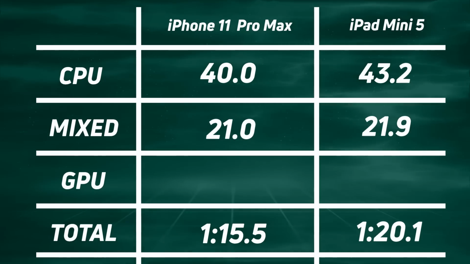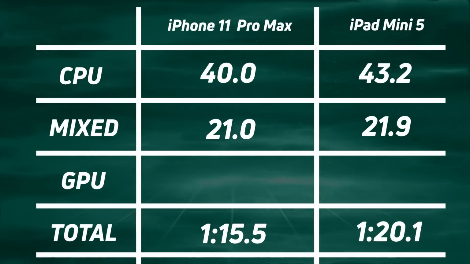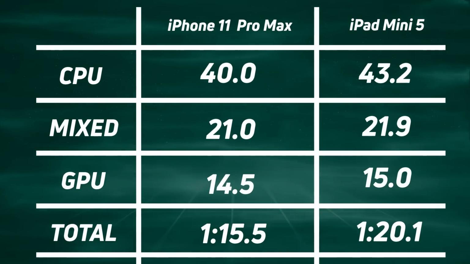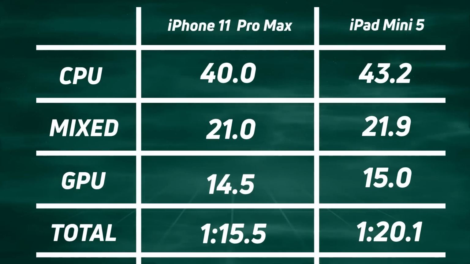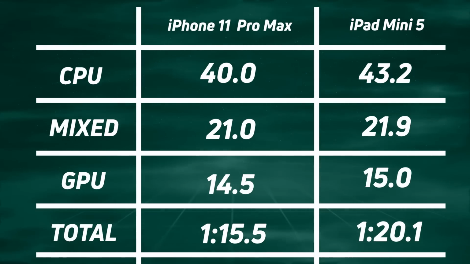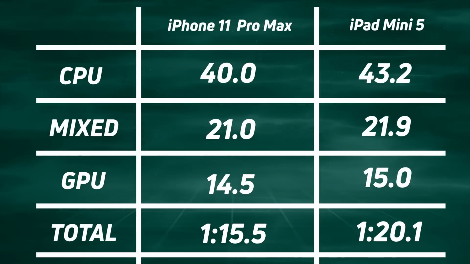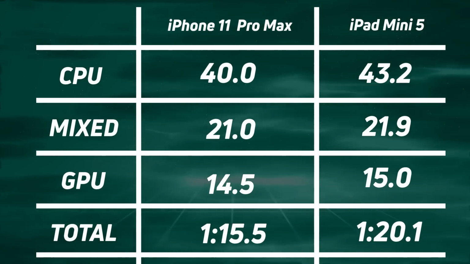When it comes down to the mix, close times there, 21 versus 21.9, and the same again when we get to the GPU, 14.5 versus 15. So there you have it. When you add up all those times, mainly that CPU time, it looks like the iPhone 11 comes in first, 1 minute 15.5. And there you have it, one of the first SpeedTest GX 2.0 test runs between the iPad mini 5 and the iPhone 11.